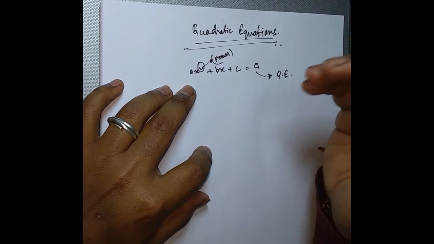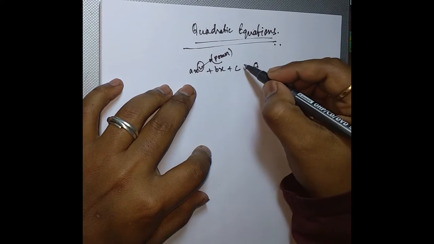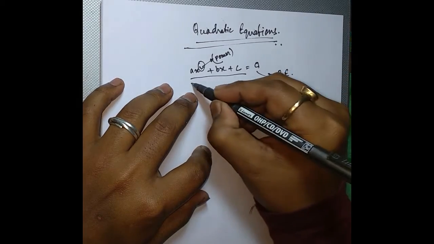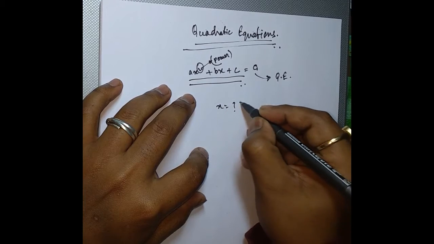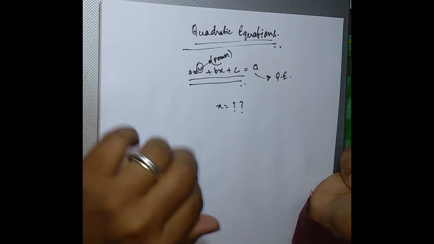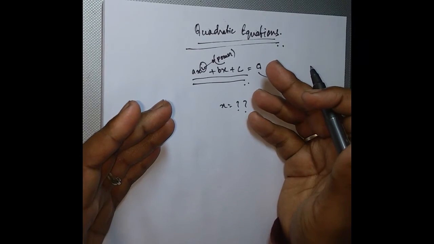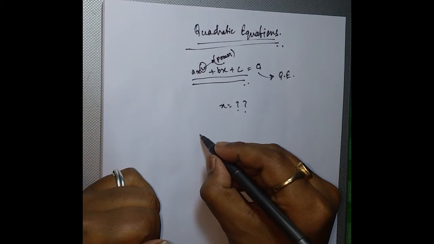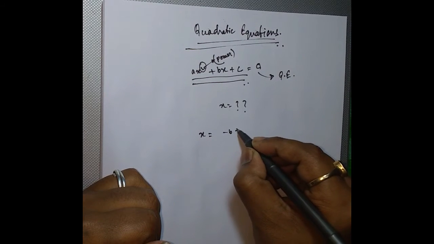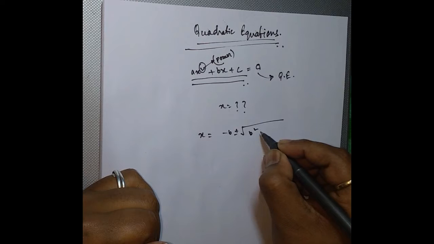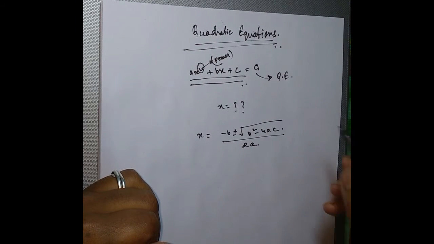And what we want to see is we want the roots of the quadratic equation, means what x is equal to. By some analytical methods, x turns out to be minus b plus minus root of b square minus 4ac upon 2a.